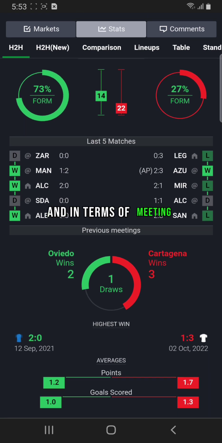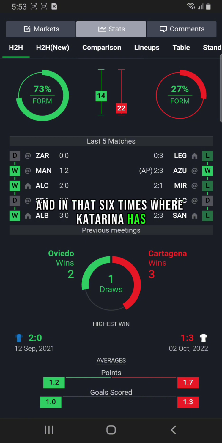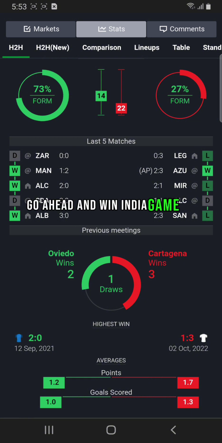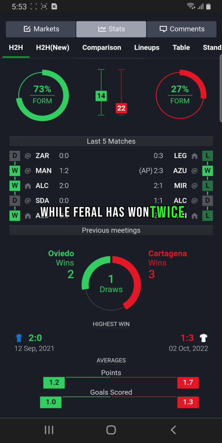In terms of meetings, they have met 6 times. In those 6 meetings, Cartagena won 3 times, while Oviedo has won twice and they drew once.